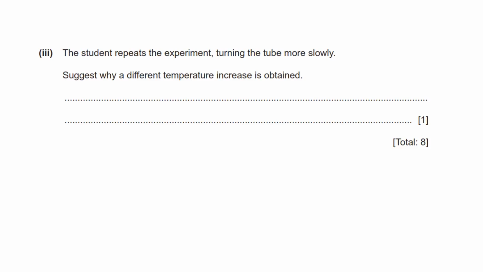So if the velocity is low, the overall change in energy will be low. This results in much less temperature change compared to the earlier cases. Or you can say that the friction loss will be lower, and that will result in a different amount of temperature increase as compared to the earlier case.